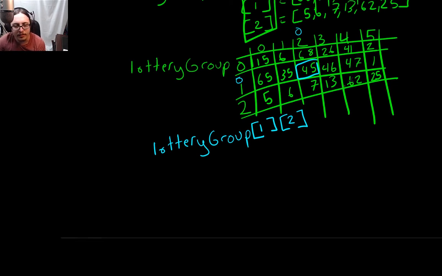Say we wanted to get this 25, right? We would do lottery group position 2, position 5.